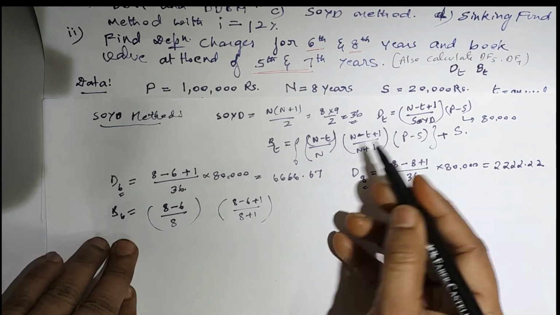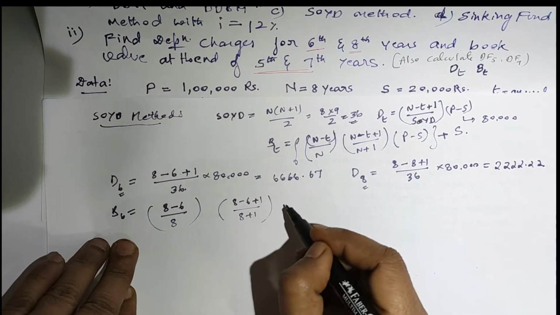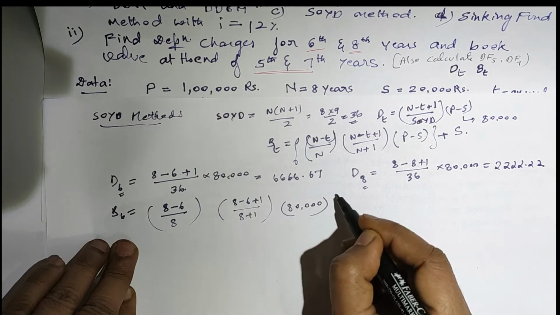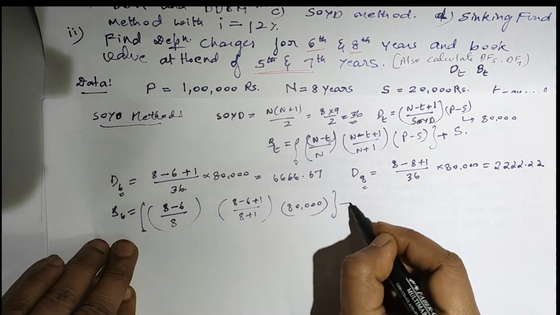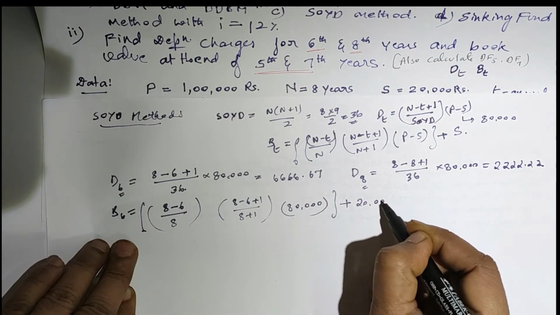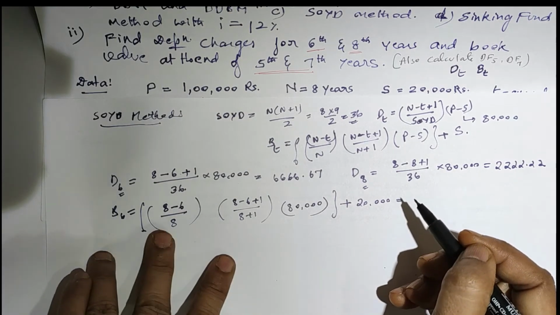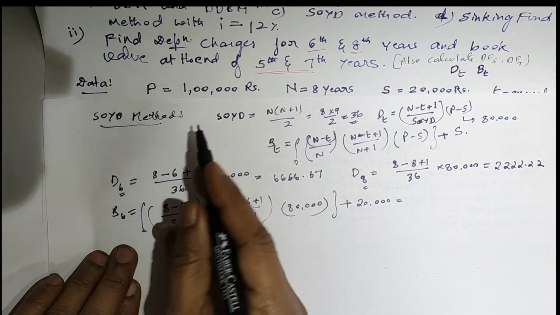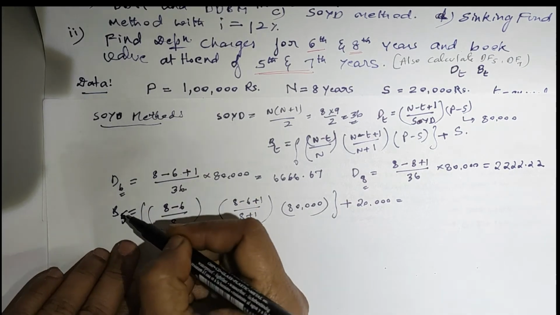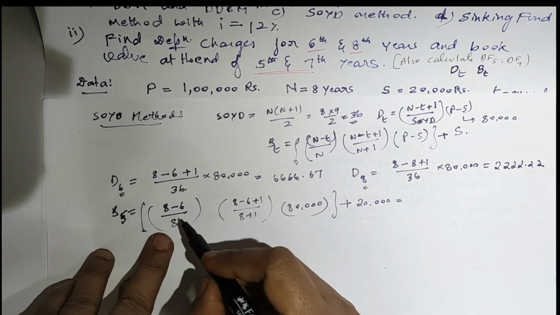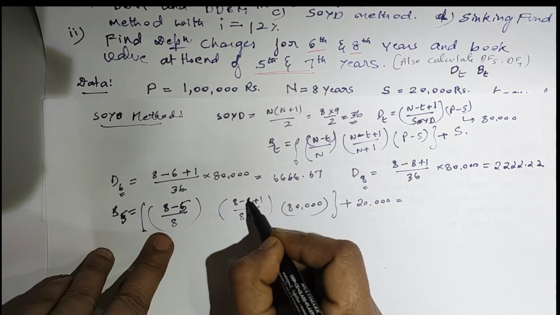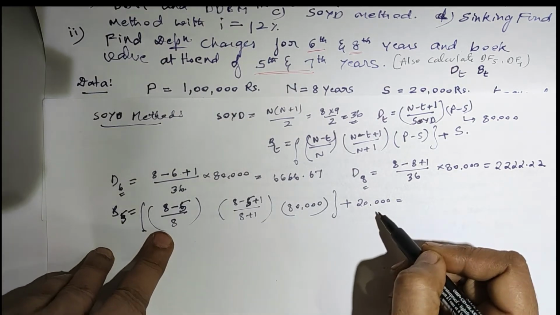You can simplify and also remember, but remembering this is still simpler. 80,000, put it in the flower bracket, add 20,000. Sorry, not B6, it is B5 and B7. So B5 is 8 minus 5 by 8 minus 5 plus 1, 8 plus 1, okay.